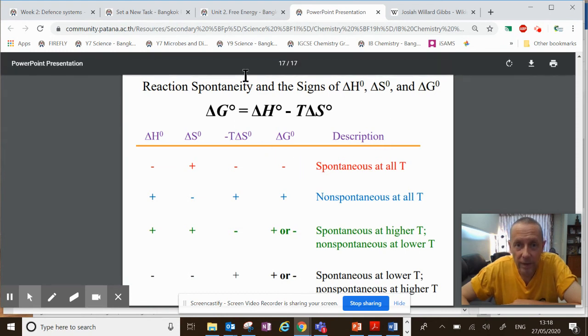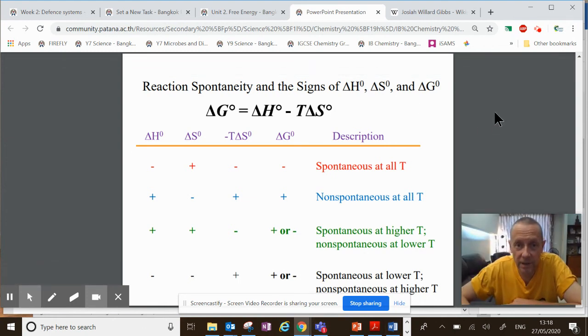Now, why am I showing you this? Because very simply, it's a common idea that you will need to use to answer exam questions. You're going to see, and I'm going to share some with you today, some very common exam style questions. They will ask you, is this particular chemical reaction spontaneous at a particular temperature?